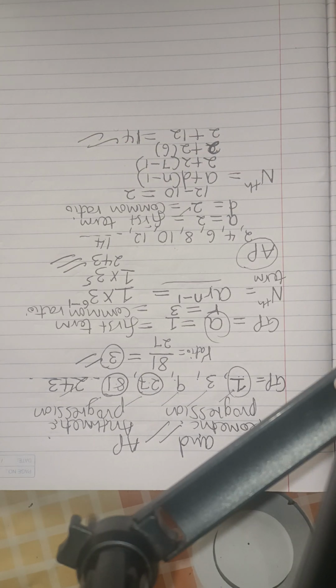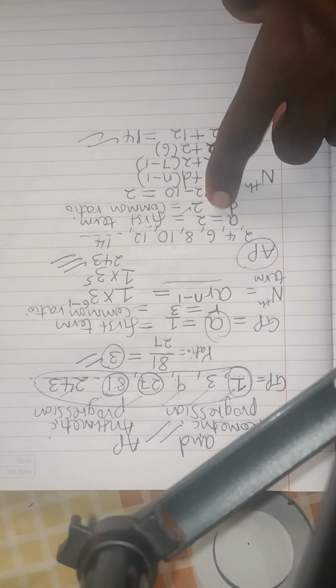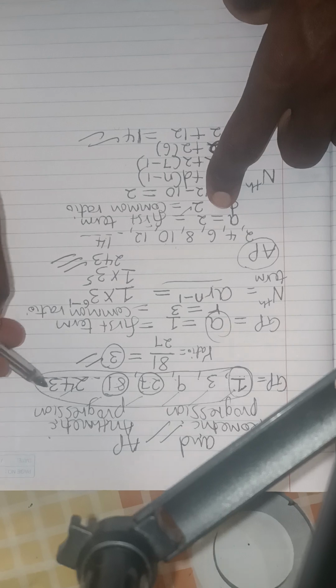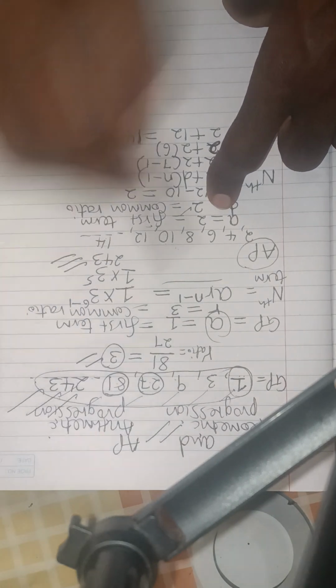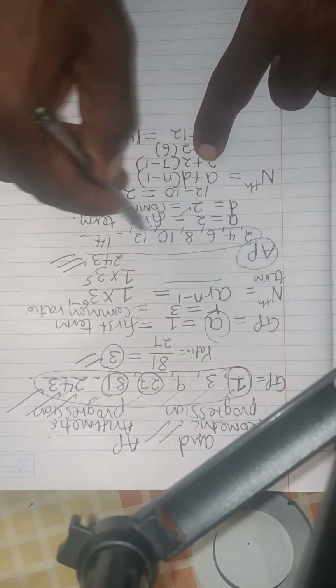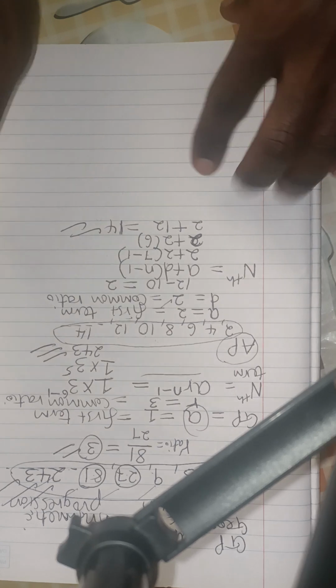So in terms of getting the sum of the terms of this geometric progression, how do I get the sum? In terms of getting the sum, you need to know this.